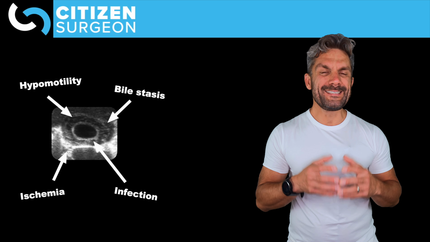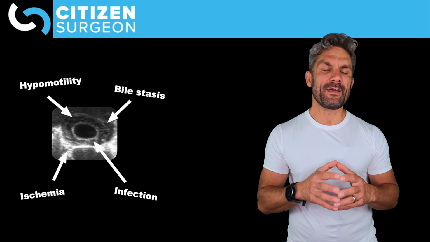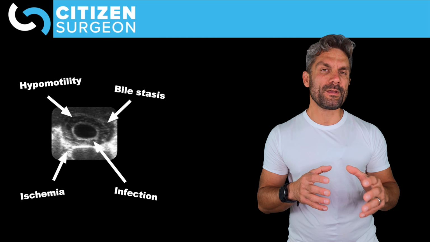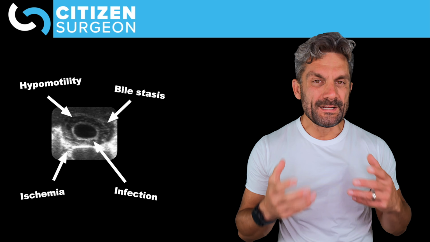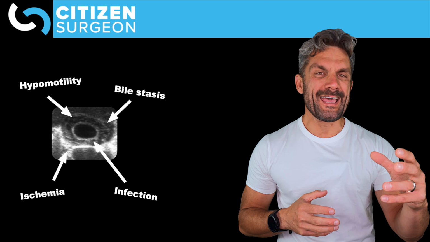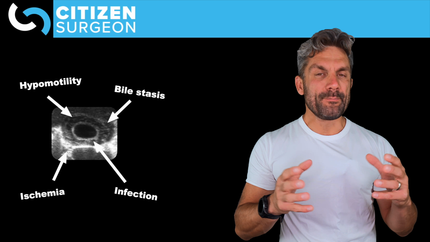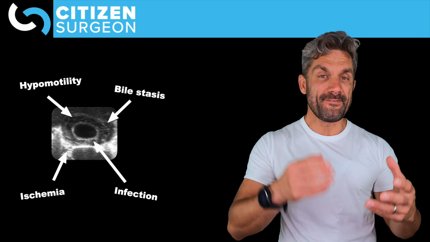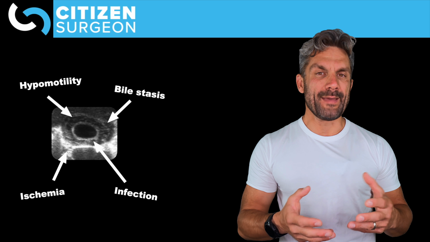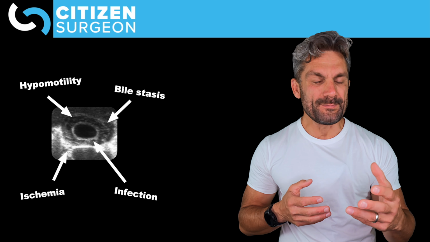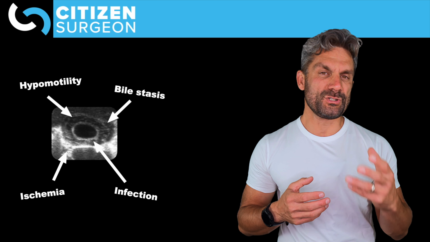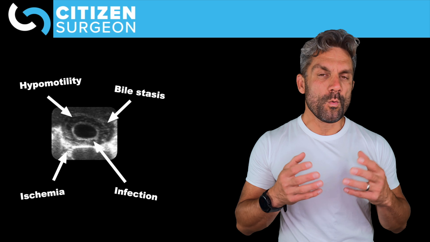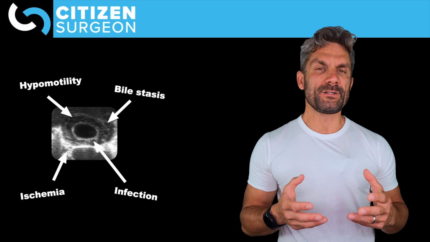Now we see that pathophysiological cycle in acute acalculous cholecystitis. And in addition to that bile stasis and ischemia building up pressure, we're going to get a superimposed infection, and so that is going to make things much worse and cause that sepsis, or even septic shock in our patient.